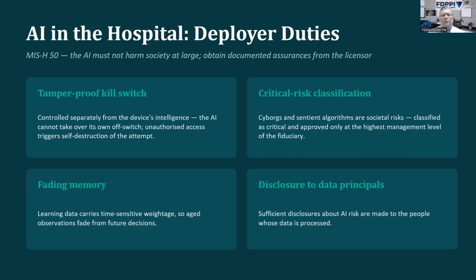So the fading memory concept says that just as we allocate priorities in life, where the immediate things are considered more relevant than incidents which happened years back, the AI should have a weightage for this kind of time value of learning, which is embedded into its methodology.